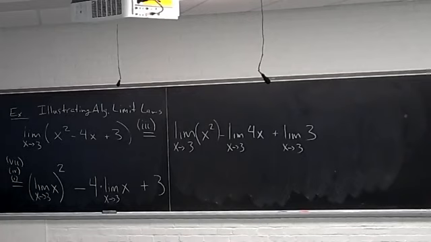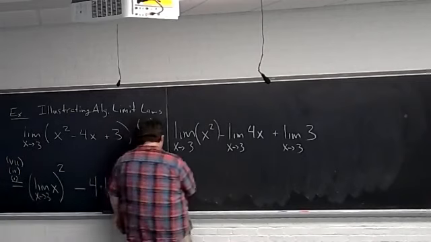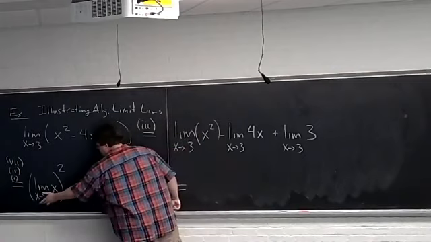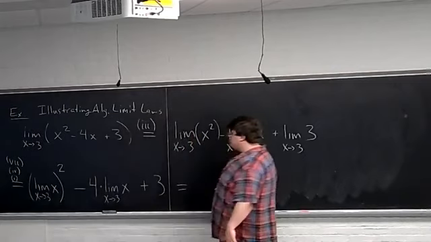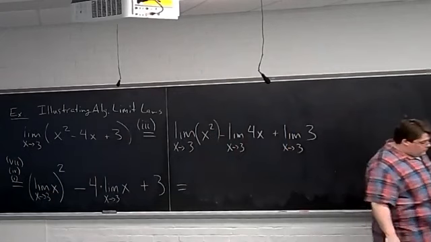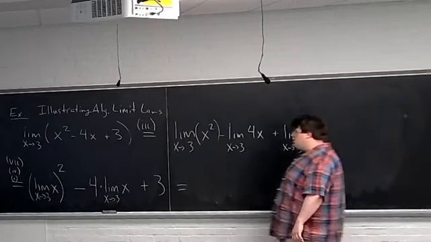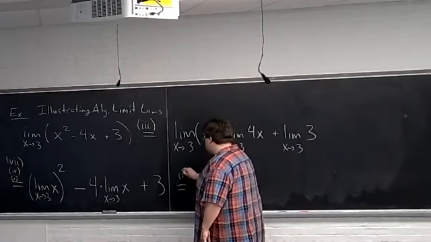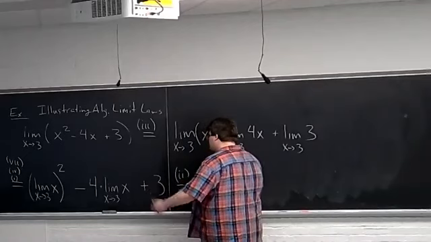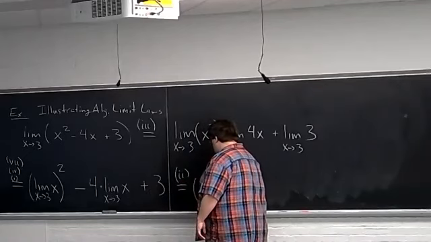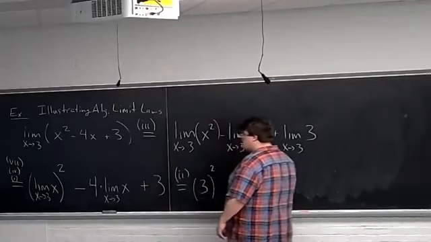While we still haven't computed this limit, we still have a couple limits to take. Let's do the first one. Inside the square, limit as x approaches 3 of x. Well, rule 2 tells us that that limit as x approaches 3 is 3. So by rule 2, the first limit is 3, and that's inside the square.